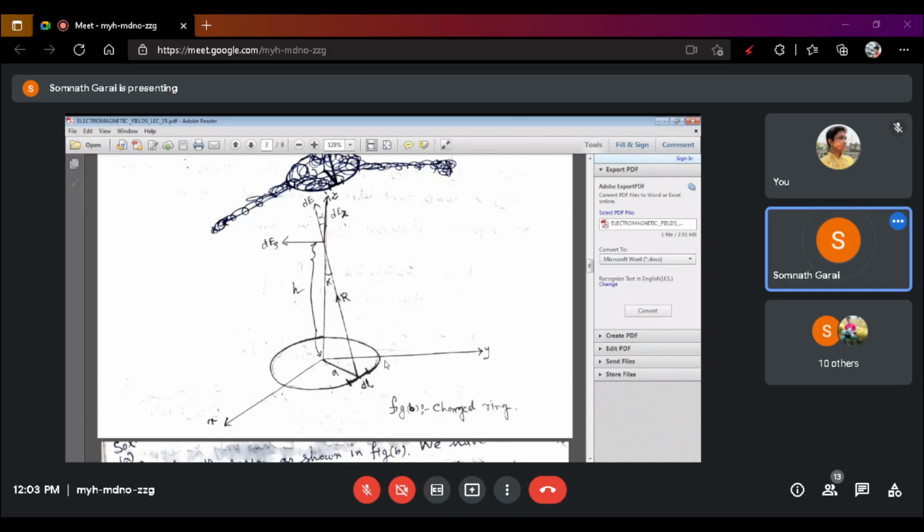Now you have to calculate the electric field intensity at the point E, situated at 0, 0, h, with respect to these line charges situated in this ring. Got my points?